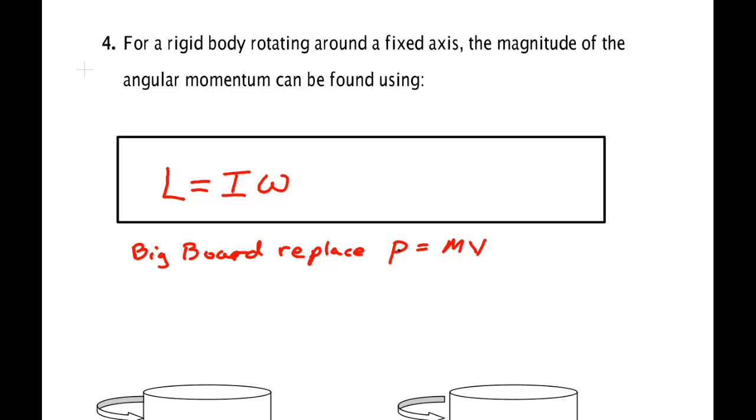So we replaced linear momentum with angular momentum, linear inertia with the moment of inertia, and linear velocity with angular velocity. This is the one that you'll use in most of your problems. It does say about a fixed axis, and in another video I'll talk about some things we kind of swept under the rug with I.